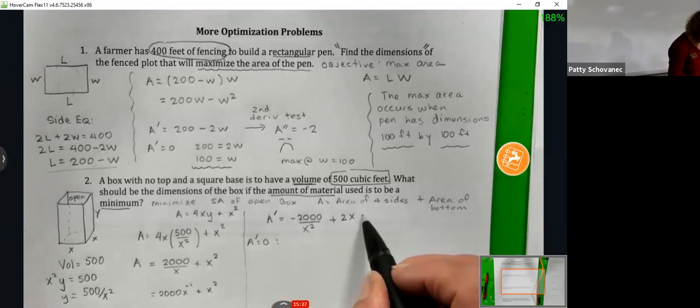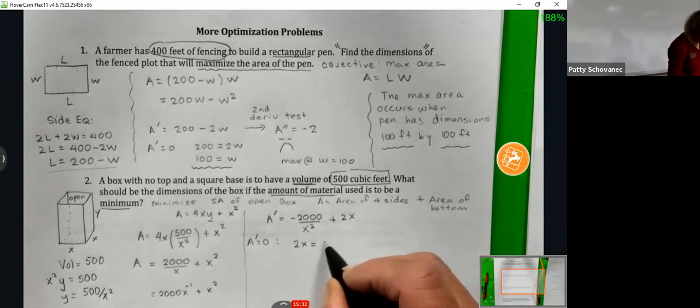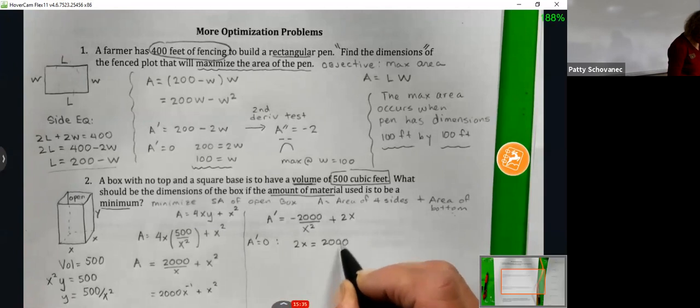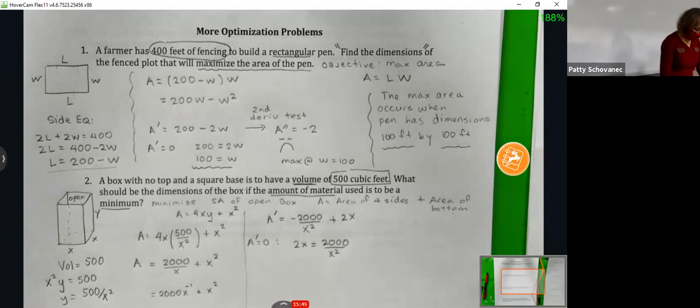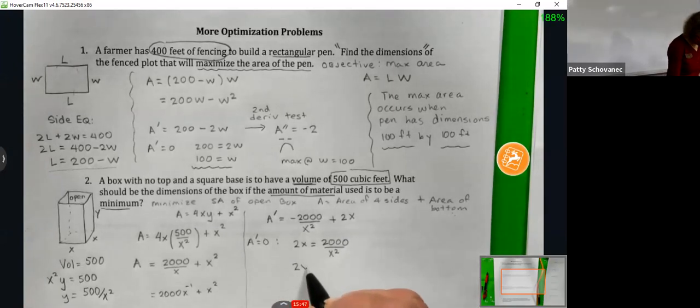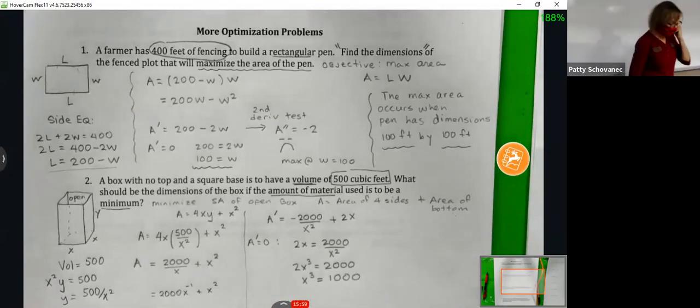And so if I've got this equal to 0, I'm going to move the 2,000 over x squared over and then solve the equation in this form. I'll multiply both sides by x squared and then divide by 2. x is the cube root of 1,000.